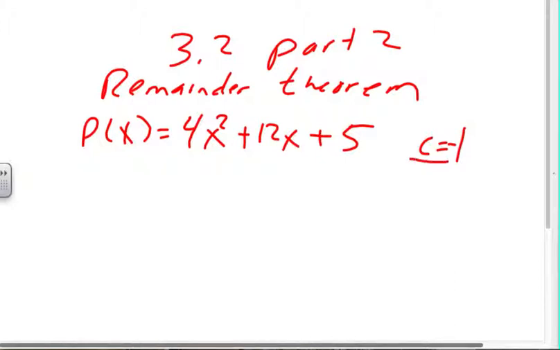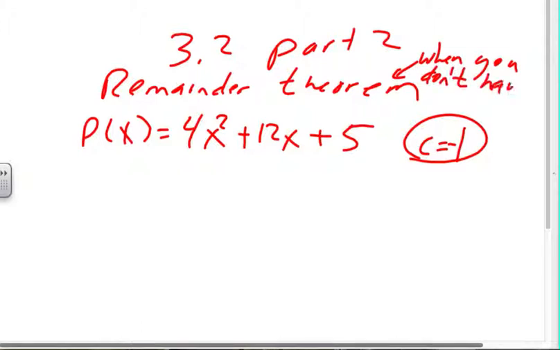Now, obviously, what you would do is put this in your calculator. However, you're going to use this when you don't have a calculator, and you will not have a calculator periodically in here. You use this to find it out.